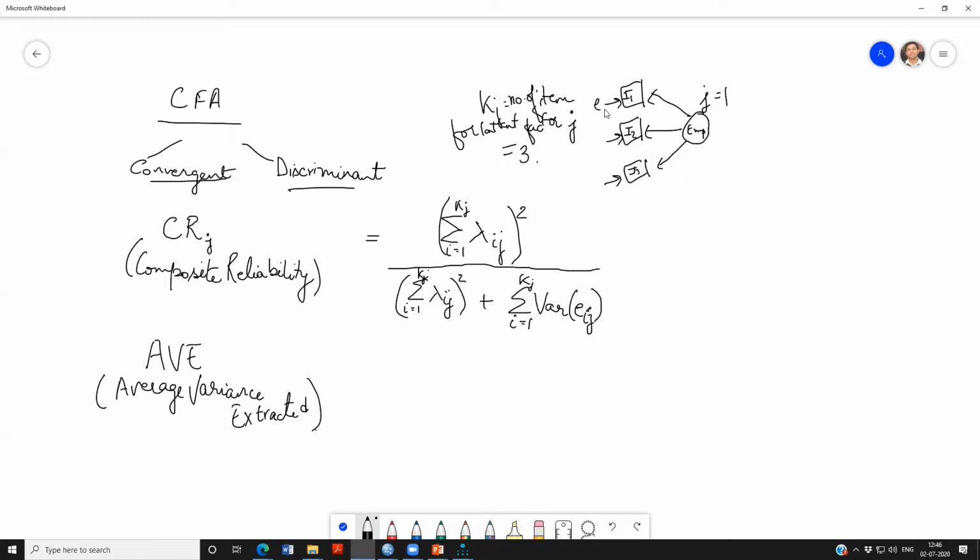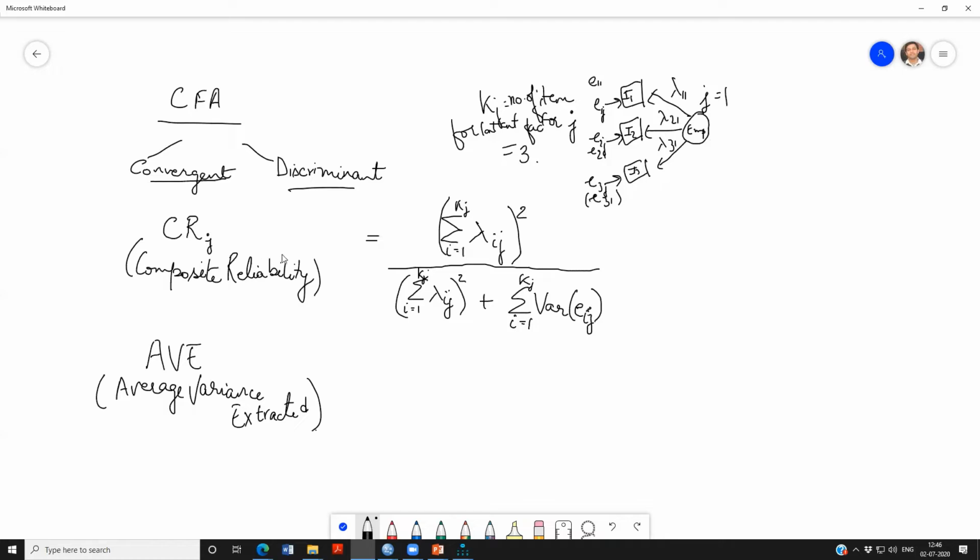Then these are E1J, E2J, and E3J, and J is 1. And then you have the loadings lambda 11, lambda 21, and lambda 31, and these are E11, E21, and E31. These are our errors.